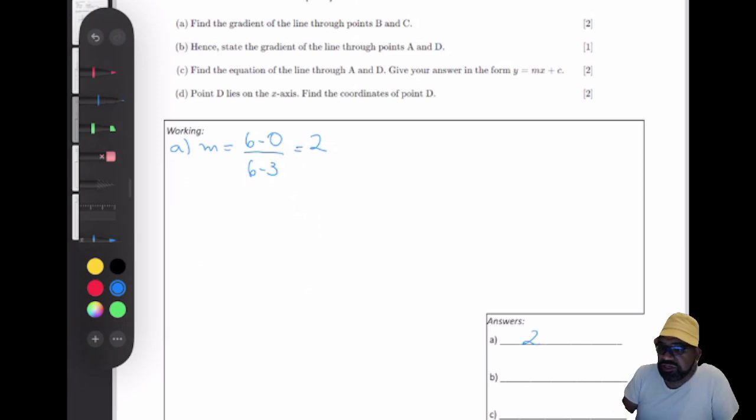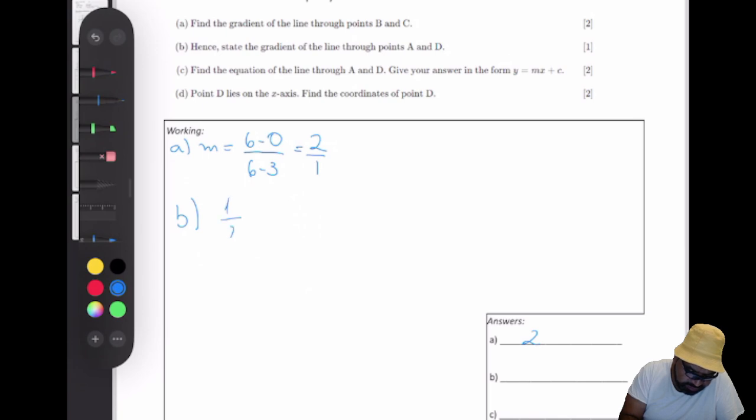Then if it's perpendicular, guys, it is the opposite reciprocal. 2 divided by 1 becomes 1 divided by 2. And don't forget, we need to switch the sign, negative opposite. Then the second answer is negative 1/2.